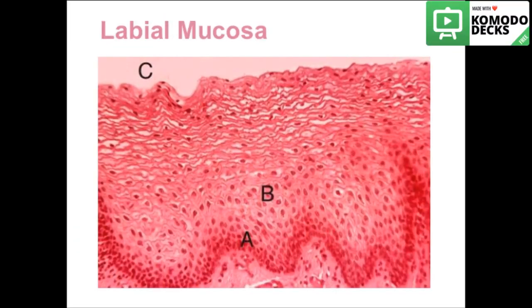The labial mucosa is a non-keratinized thick epithelium, showing from the basal layer, the intermediate, and the superficial layer.